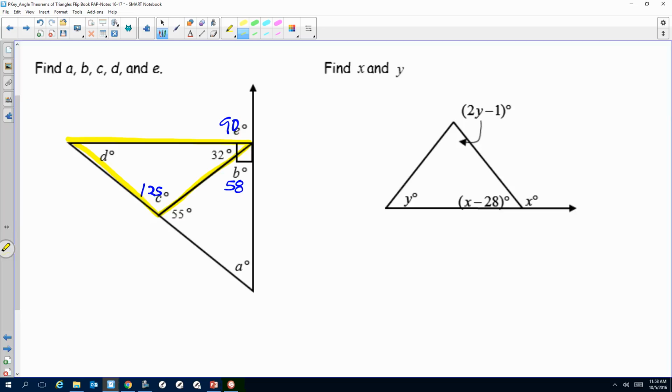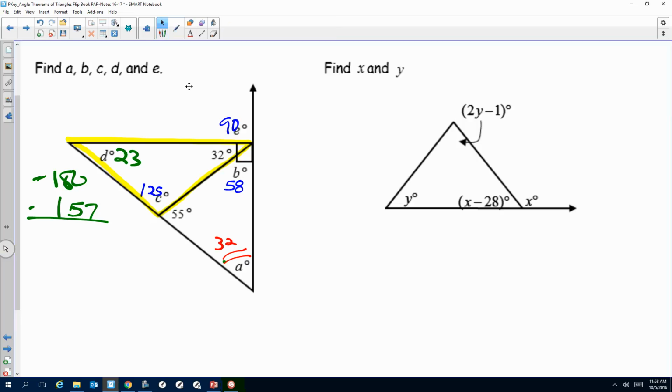Yeah, add the 125 and the 32. That gives me 157. Then subtract from 180. So what do we have here? 23. We're going to do the same thing for angle A. Add our two angles, subtract from 180. Yep, 32.